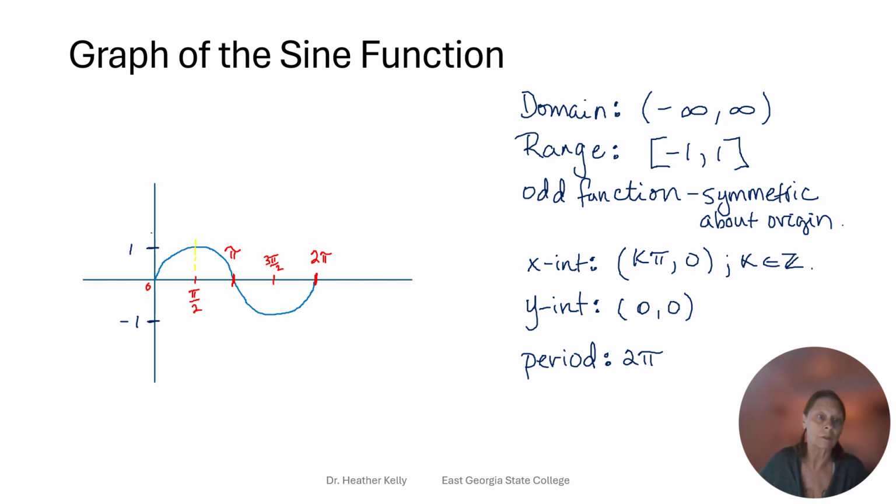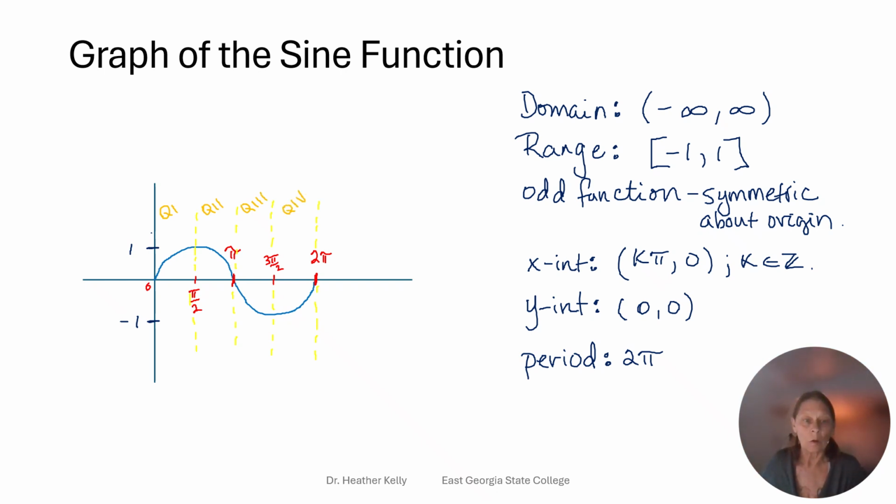I'm just going to put some dotted lines that you can't see very well, but I didn't want to disturb the graph too much. Now, each one of these areas represents quadrant 1, quadrant 2, quadrant 3, and this is quadrant 4.